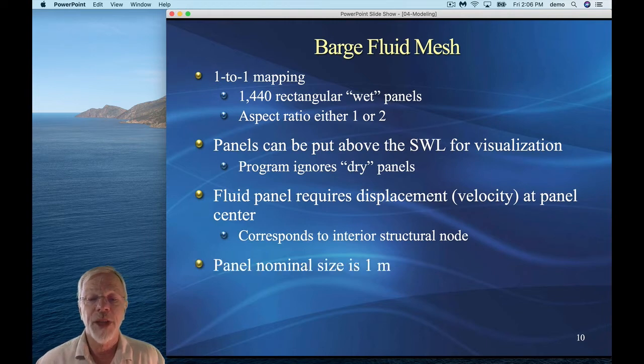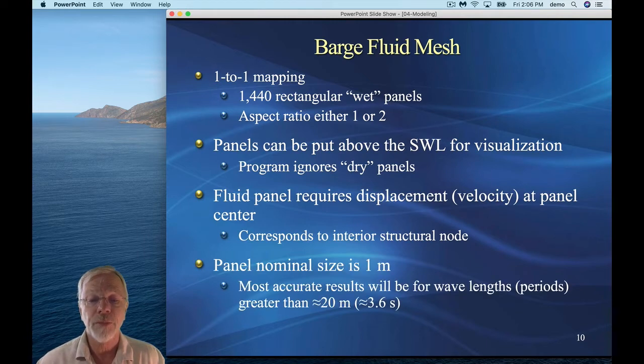The panel nominal size was 1 meter, so we need to see how that corresponds to wavelengths. The most accurate results for this mesh will be for wavelengths greater than 20 meters. Why do I say that? If you think of a sinusoid, one can visualize us representing one cycle of that sinusoid with 20 line elements.